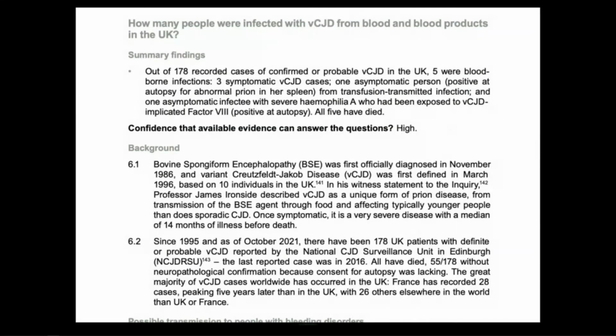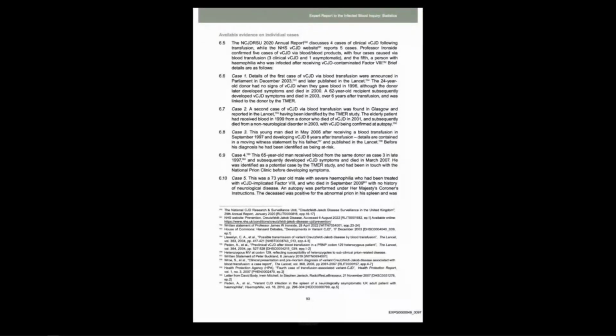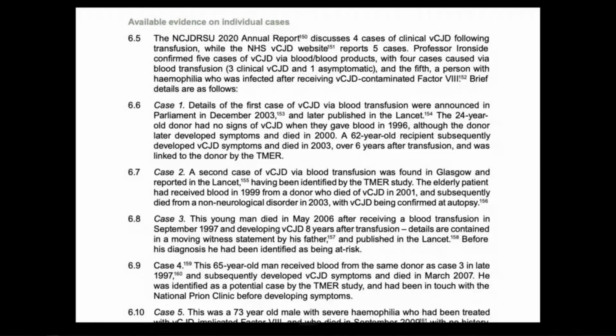If we go to page 93, so 97 electronically, this is the information that you had from the sources you've discussed there, the National VCJD Surveillance Unit's annual report. These are the known cases of transfusion or blood product-related VCJD.